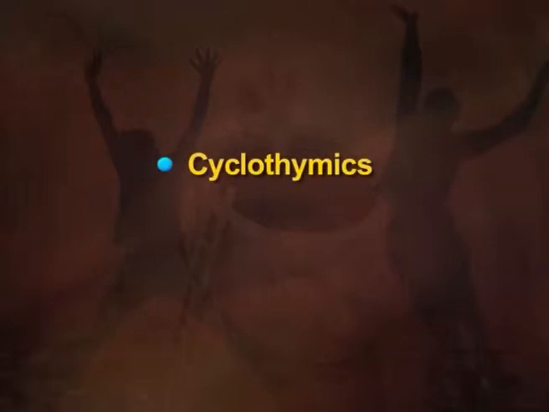Now, let us see what Kretschmer's personality theory is. Kretschmer is a German psychiatrist who tried to put forward the type approach of personality. He divided personality into 2 different types, cyclothymics and schizothymics.